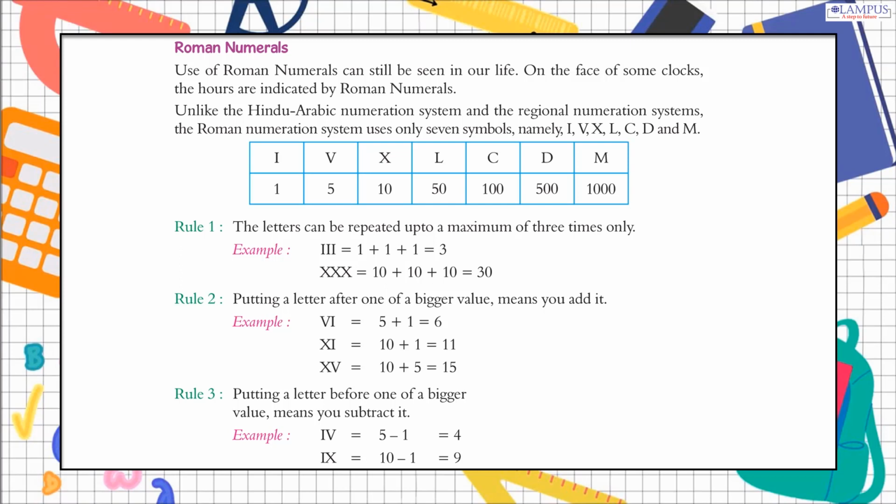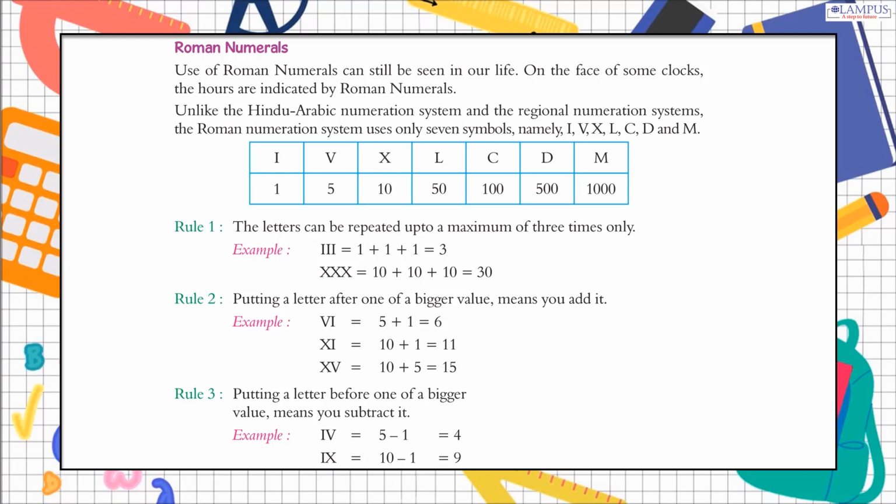Unlike the Hindu Arabic numeration system and the regional numeration systems, the Roman numeration system uses only 7 symbols, namely I, V, X, L, C, D and M. I is 1, V is 5, X is 10, L is 50, C is 100, D is 500 and M is 1000.